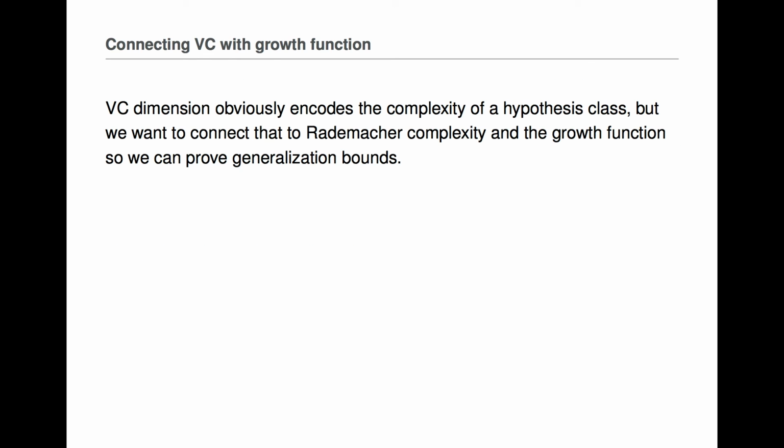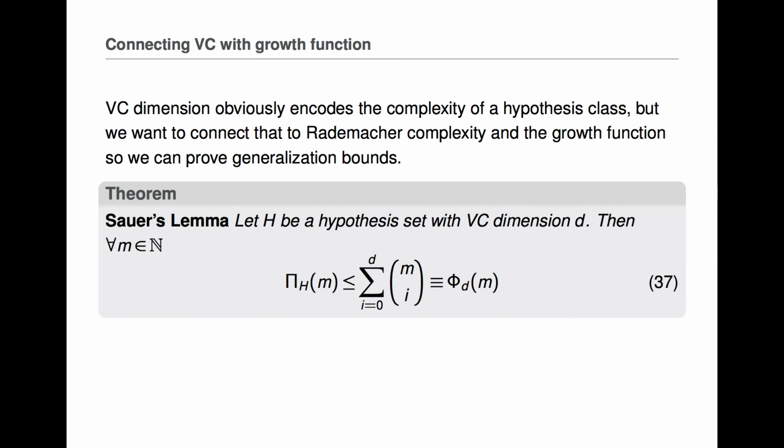So the VC dimension obviously somehow tells you how complex a hypothesis class is, but what we want to do is to be able to prove generalization bounds. So let's go through how we can use VC dimension to talk about the growth function. If we have a hypothesis set with VC dimension d, then for all data set sizes m, the growth function is going to be less than or equal to this combinatorial expression.